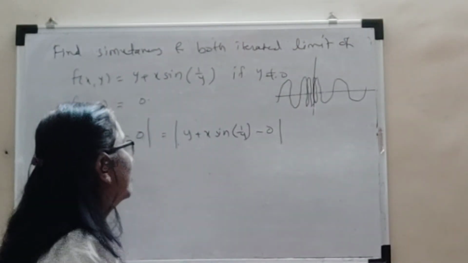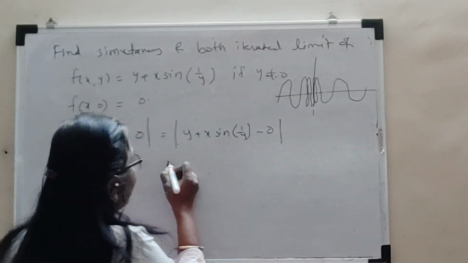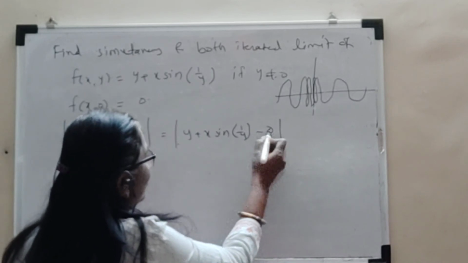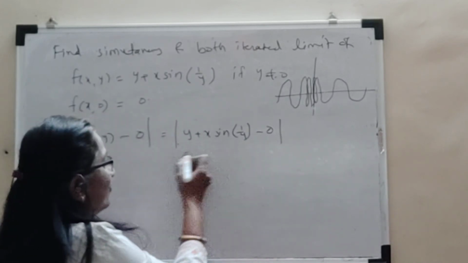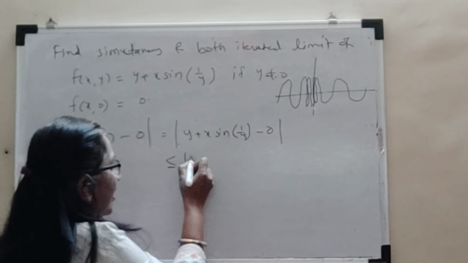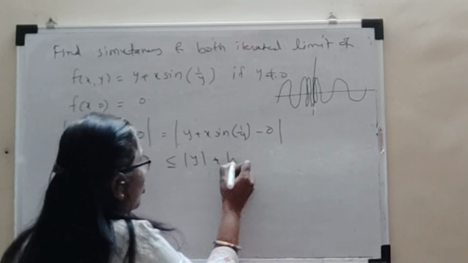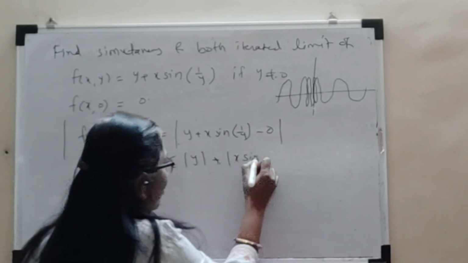So consider this part. Minus 0 will obviously go off, and we apply the triangle inequality. It is less than or equal to mod y plus the mod of x into sine of 1 by y.